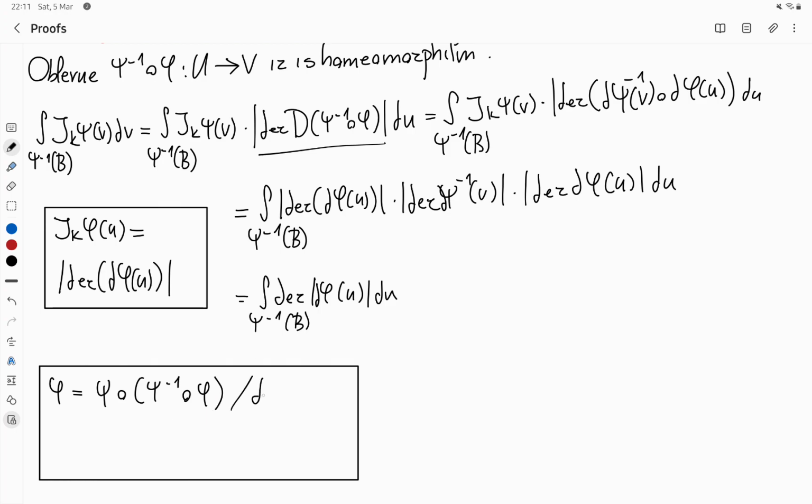And if we take the determinant of both sides, we get that the determinant, or rather, if we supplied it with these, so it perfectly matches our situation, we took the determinant of both sides, we get the determinant of d phi equal to the determinant of d psi times the determinant of psi inverse times the determinant of d phi.